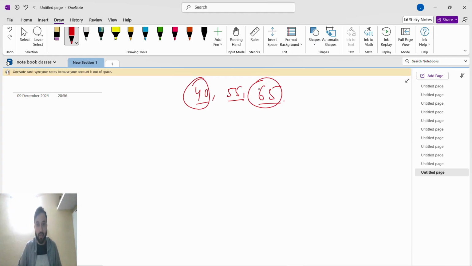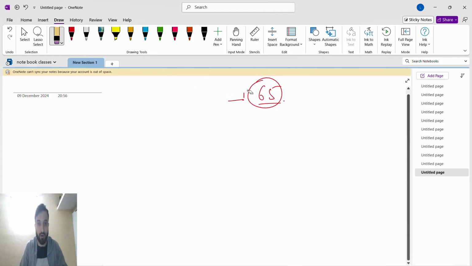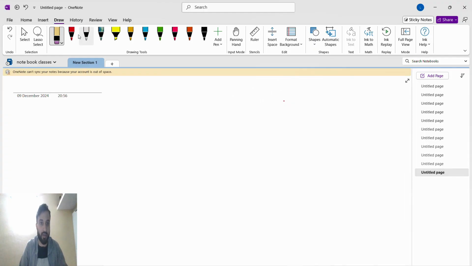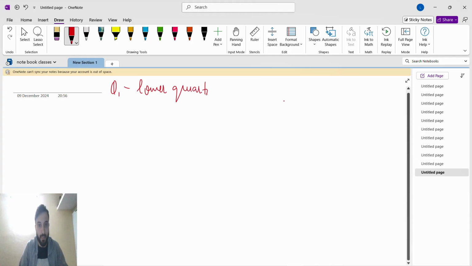Second thing, guys, they will talk about upper quartile and lower quartile. Remember, Q1 is the lower quartile and Q3 is the upper quartile.